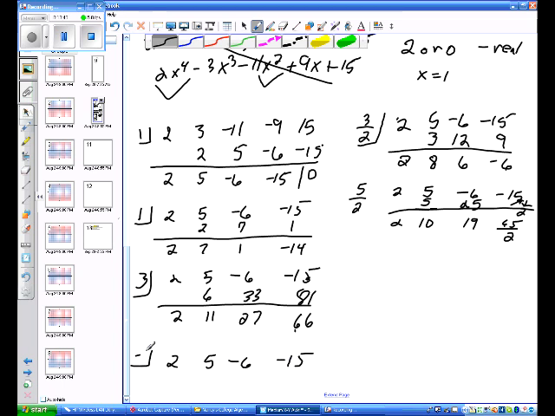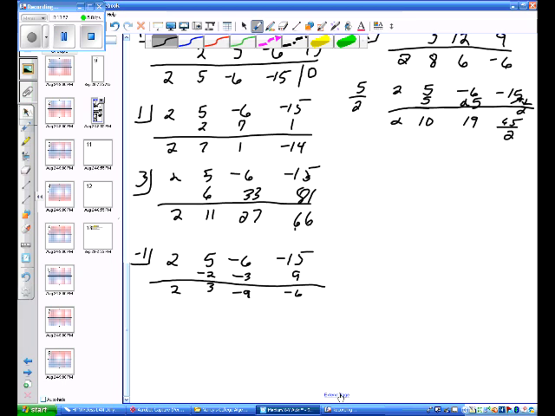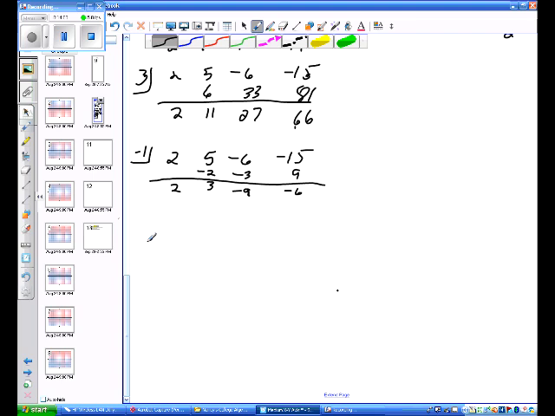So we might try negative 1. That would give us 2, negative 2, 3, negative 3, negative 9, 9, negative 6. So it's not going to be negative 1. Well, let's try our negative 3.